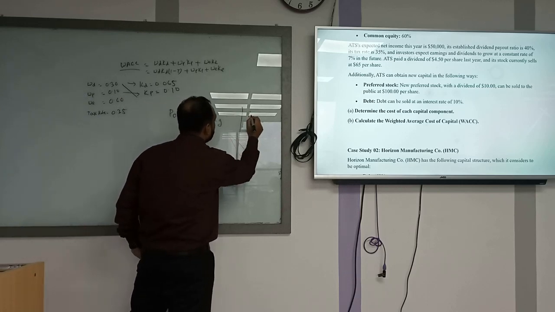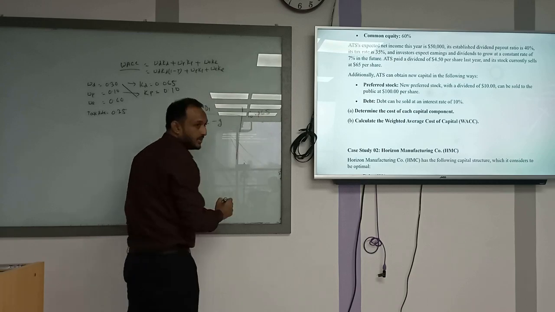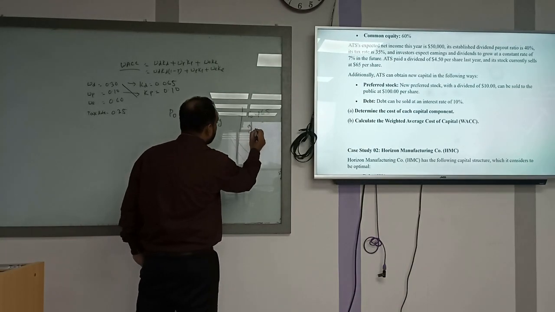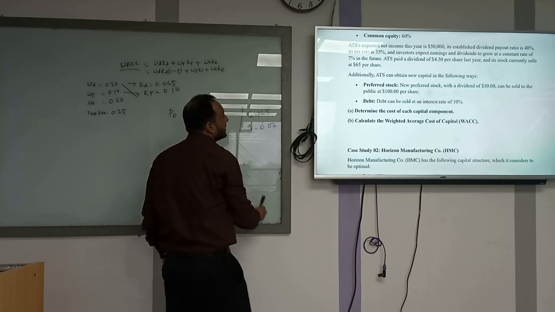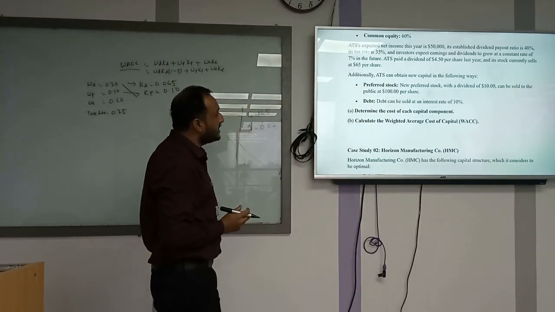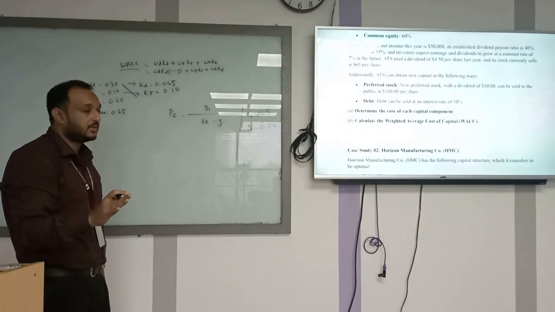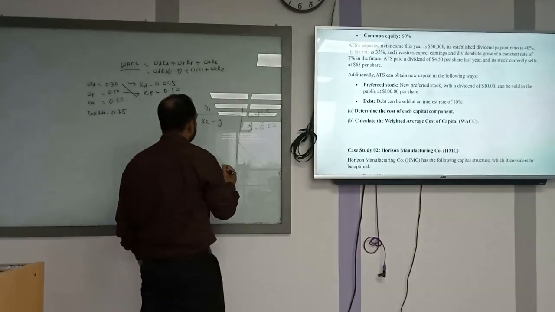P naught is given, that is $65. G is the growth rate, 0.07. Investors expect earnings and dividends to grow at a constant rate of 7% in the near future. So the perpetual growth rate is 7%.